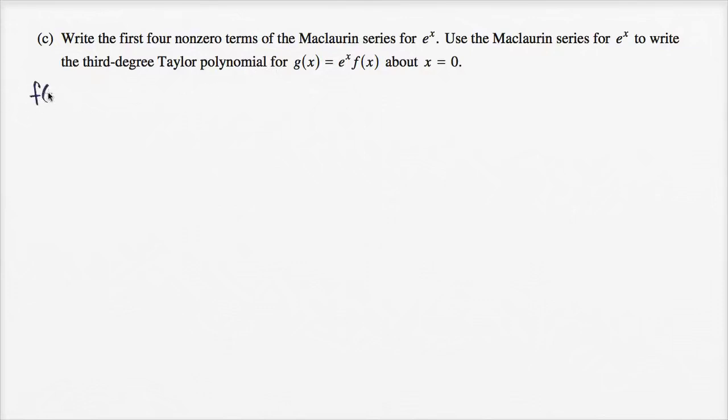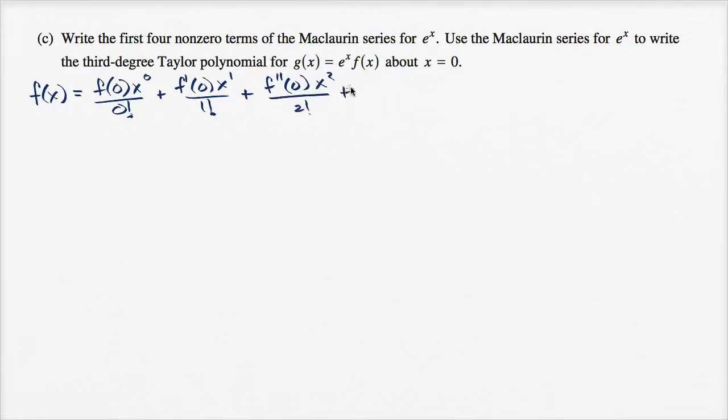If we're taking the Maclaurin series of f of x, that's going to be equal to f of 0. We could view it as f of 0 times x to the 0 over 0 factorial, if you assume 0 factorial is equal to 1, and then plus f prime of 0 times x to the first over 1 factorial, plus the second derivative evaluated at 0, times x squared over 2 factorial.